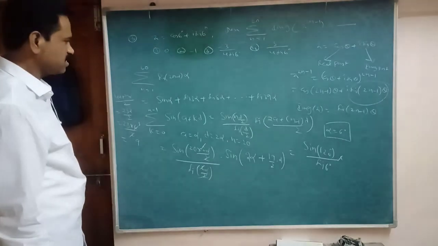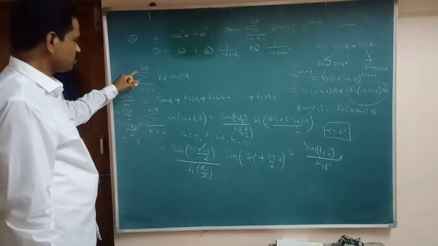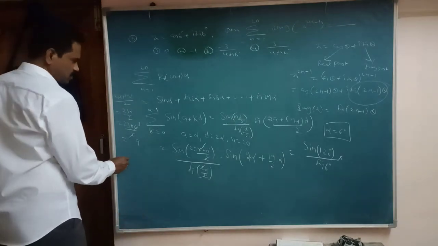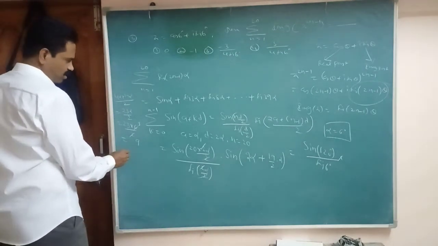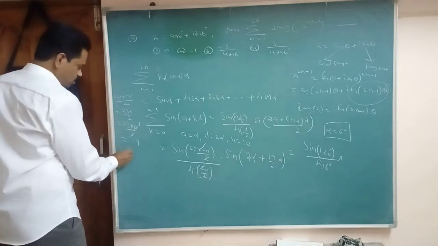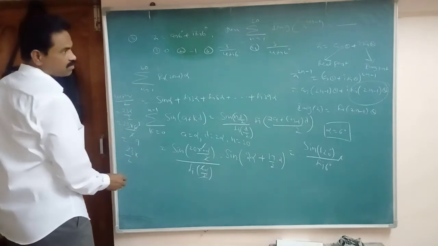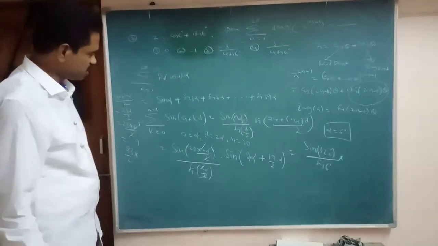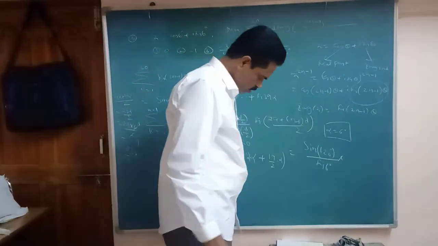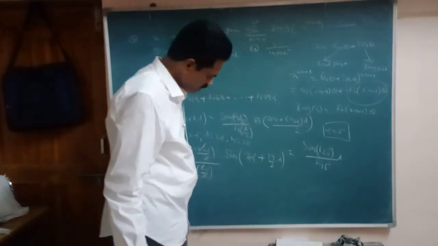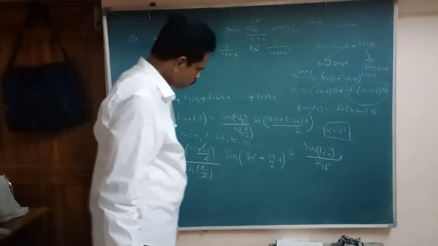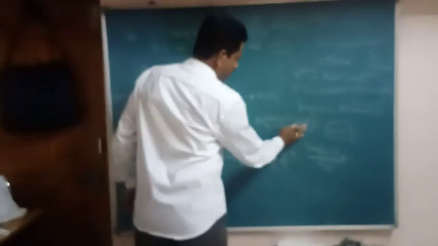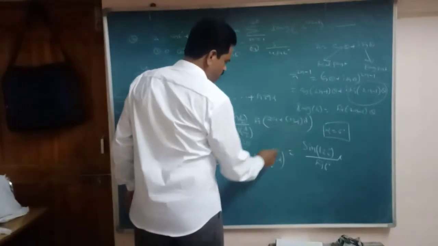N is what here? 20 minus 1. So multiply. So what is the formula? 2a plus (n minus 1) into d, your formula.